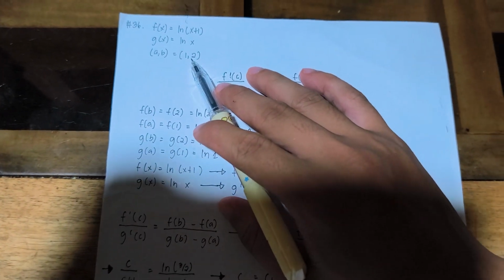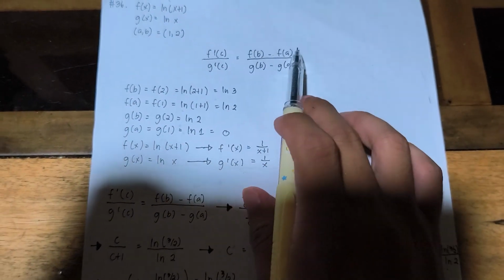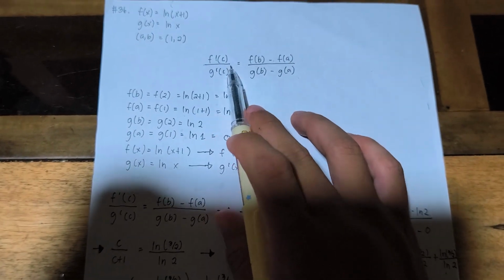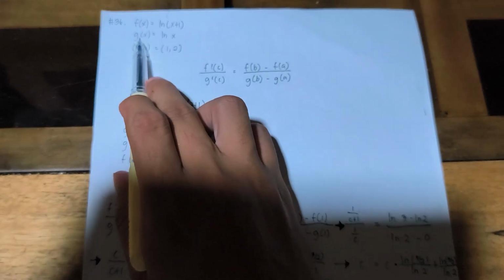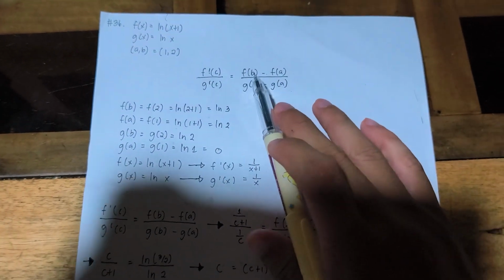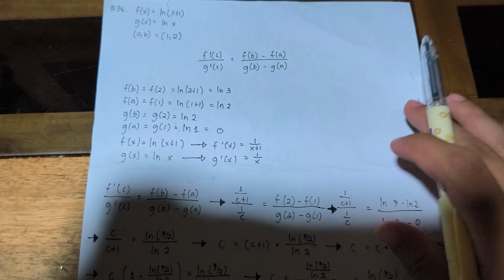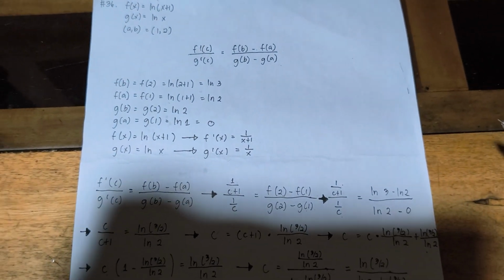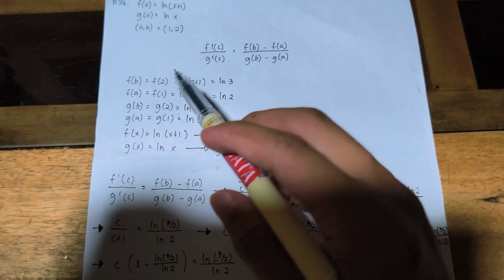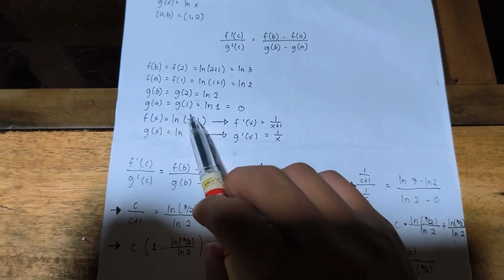So we will use the Cauchy mean value theorem, which is this one. We have f prime of c over g prime of c, which are the derivatives of f of x and g of x, is equal to f of b minus f of a over g of b minus g of a. Next, we evaluate the endpoints and derive the two functions.